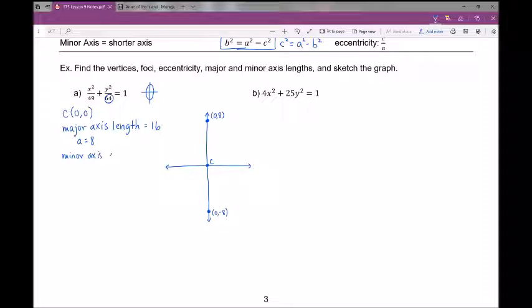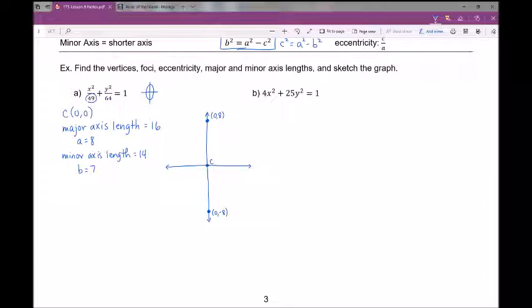For the minor axis, we look at the other denominator. Whichever number is smaller is going to determine our minor axis. If we look at 49, the square root of 49 is 7. So b is going to be equal to 7. The minor axis length will then be 14 because we want to do 7 times 2.